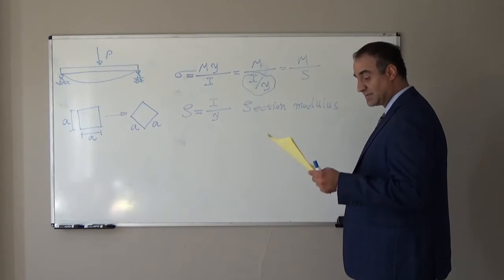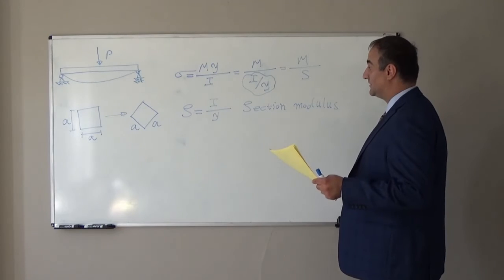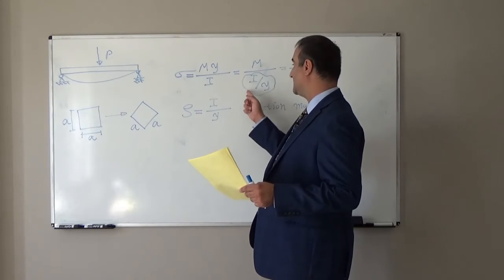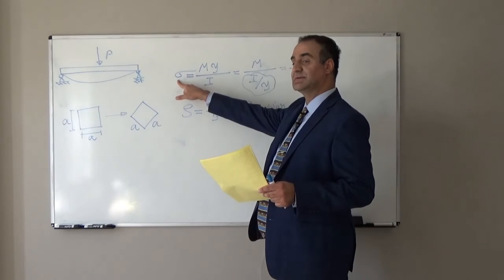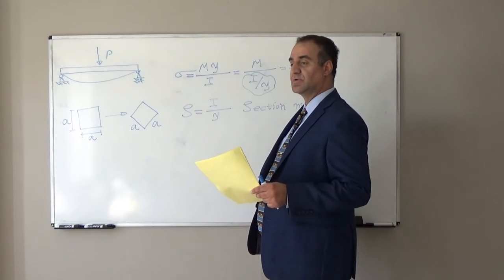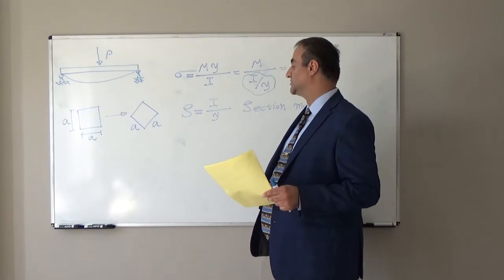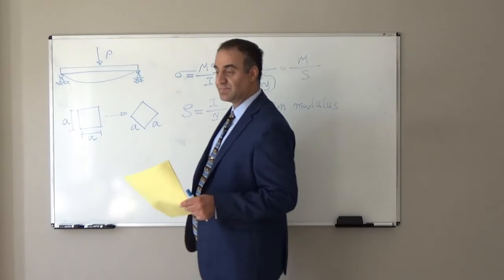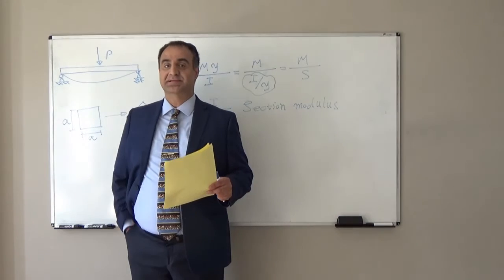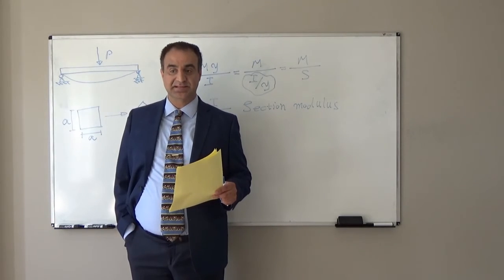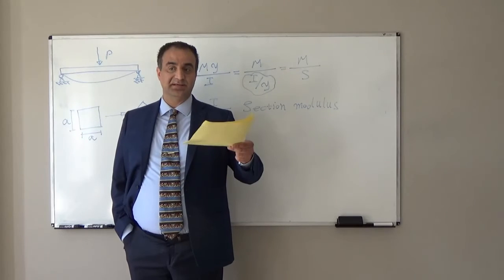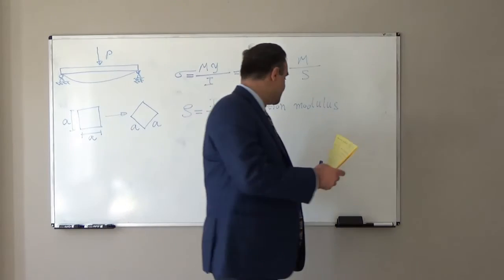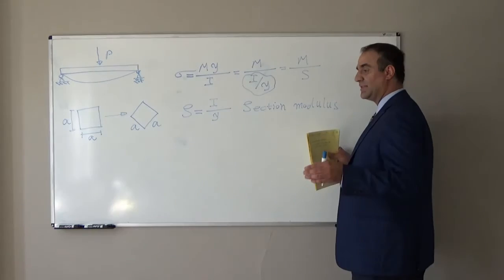If the section modulus is bigger, bending stress will decrease, so we will find a better position to put our beam, because if we produce less bending stress, it means there is a gap between that bending stress and the allowable one.